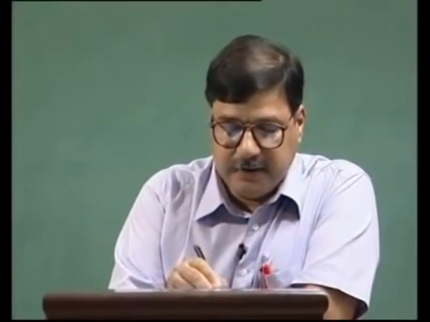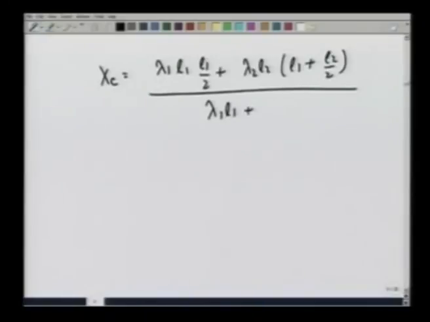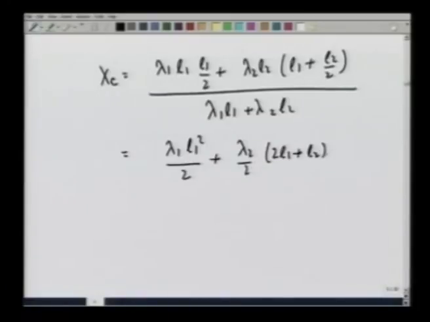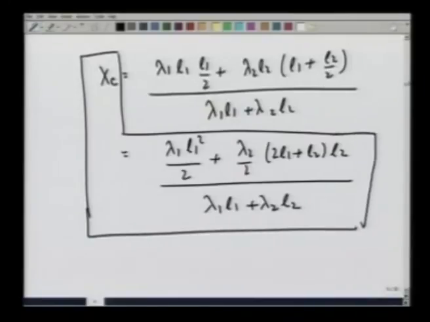So, we have calculated x c to be lambda 1 L1 times L1 over 2 plus lambda 2 L2 times (L1 plus L2) over 2, divided by lambda 1 L1 plus lambda 2 L2, which is same as lambda 1 L1 square divided by 2 plus lambda 2 over 2 times (2 L1 plus L2) times L2, divided by lambda 1 L1 plus lambda 2 L2, which is the same answer as we obtained earlier when we calculated the center of gravity by integrating over the entire area.